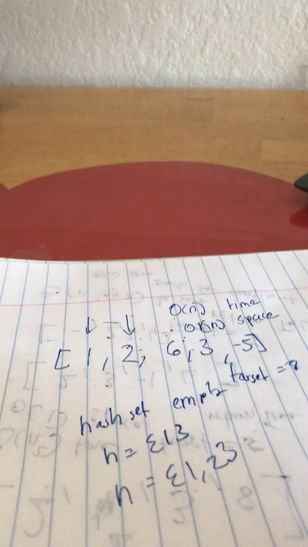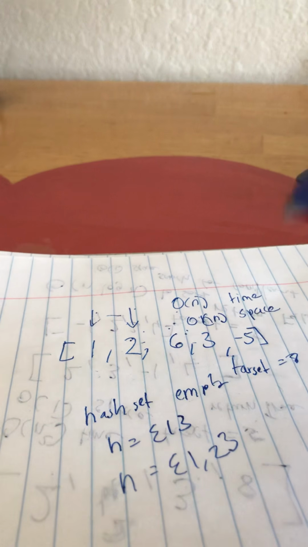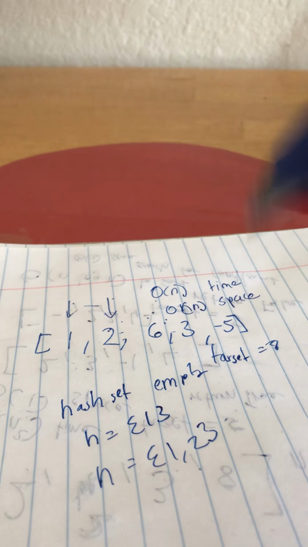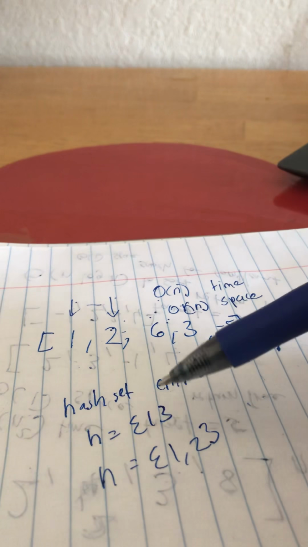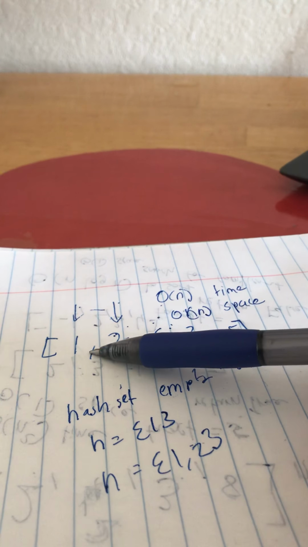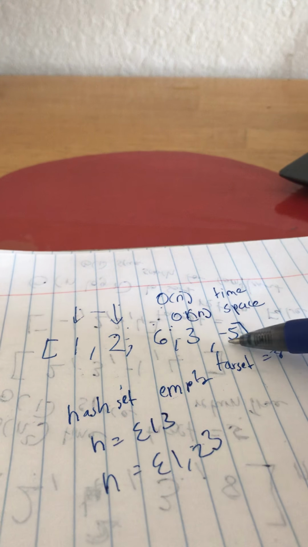And now we might ask, how can we do better than O of n time? My answer to that is we cannot, and there's a good way to think about it: you have to look at each element.